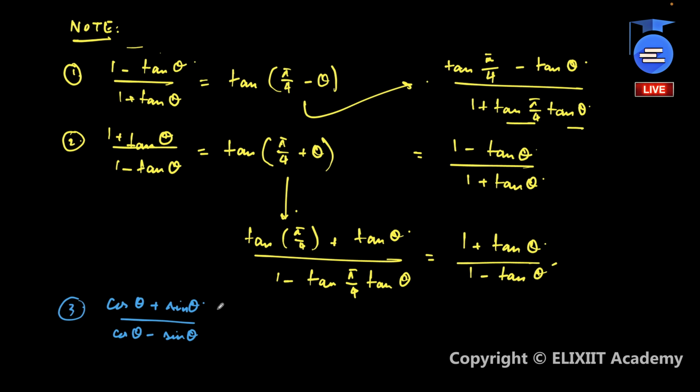Then immediately once you see this expression, it should strike you that this is actually tan pi by 4 plus theta. Now, what is the reason behind this?